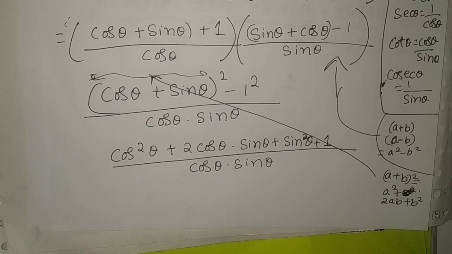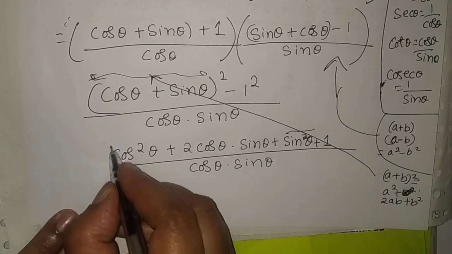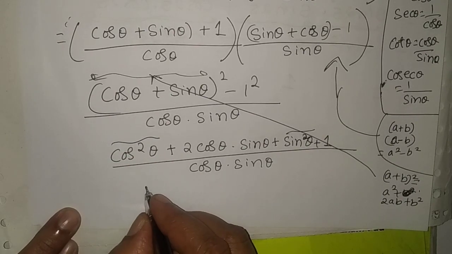Now what happens? Cos square theta plus sin square theta is equal to 1.